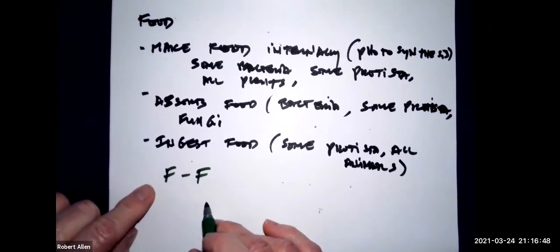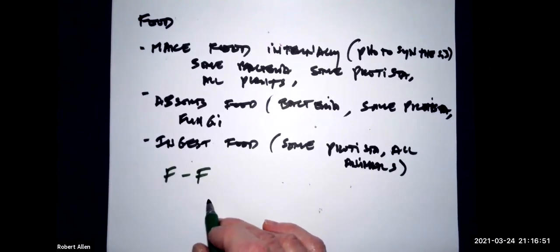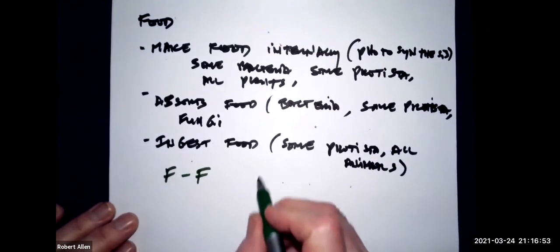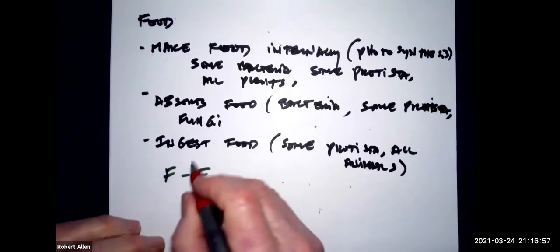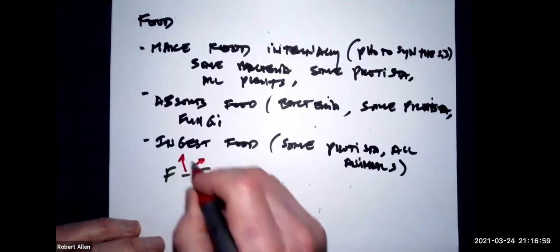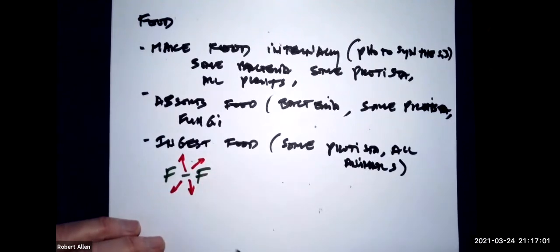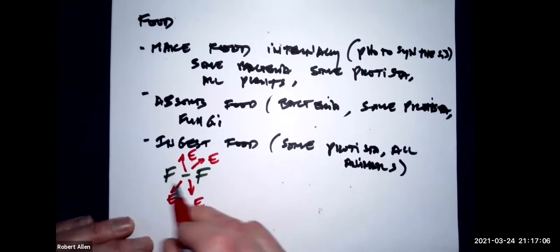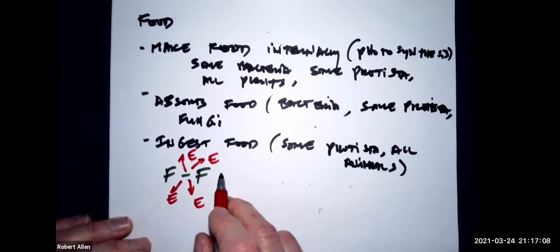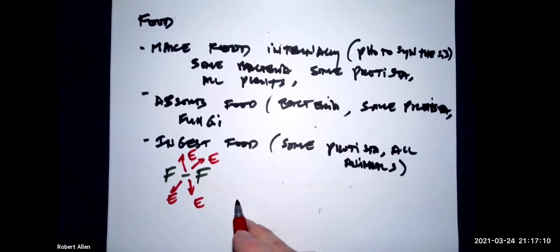We got to break it down. In the process of breaking that bond and making smaller particles of food, we're releasing energy. So not only are we making the particles of food smaller, we're releasing energy in the process.